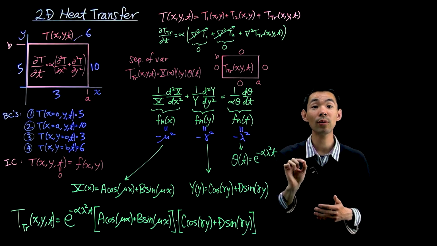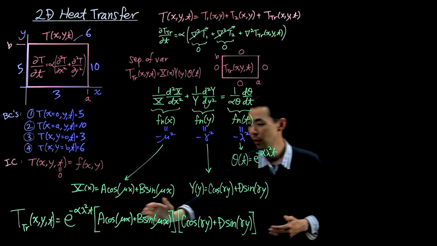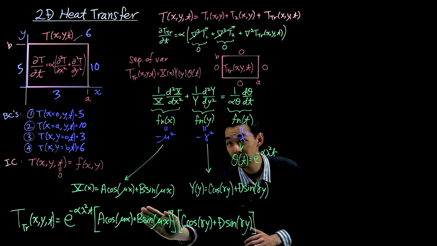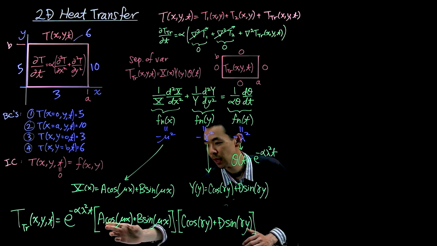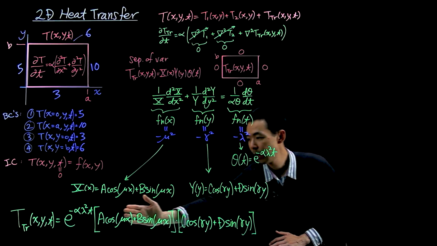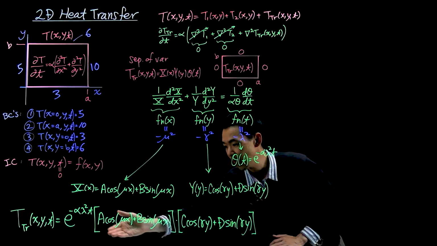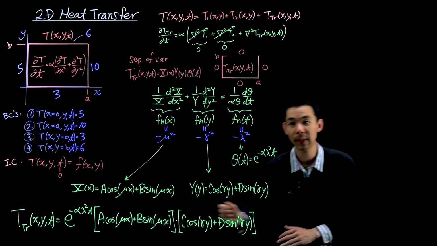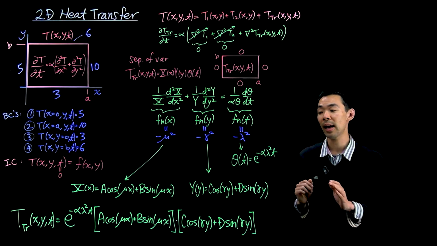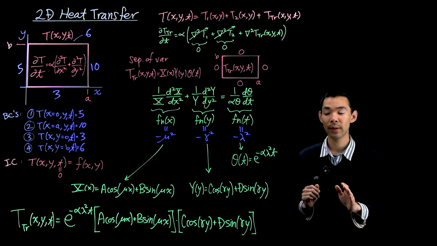So x equal to 0. When you plug x equal to 0, the sine term right here dies. So this term goes away. Cosine becomes 1. And therefore, what you find is that you just get a. So the entire first term in the bracket just becomes the constant a. That's the only thing that remains at x equal to 0. I hope you see that.